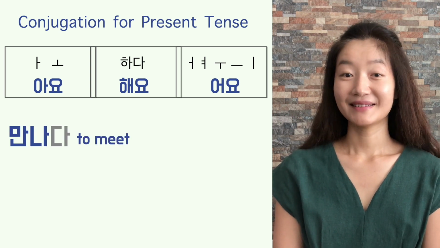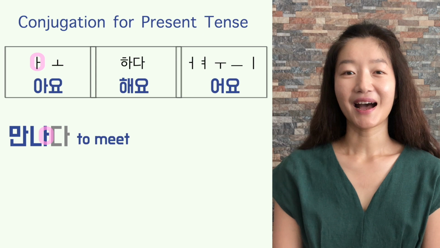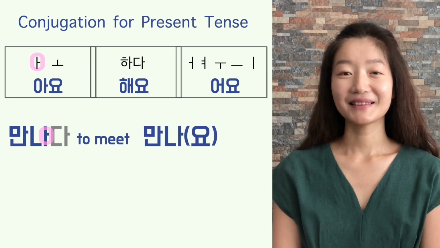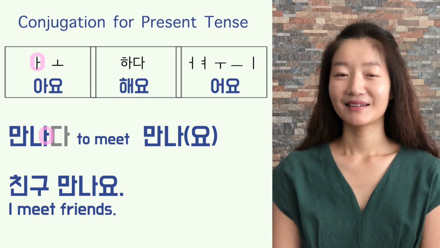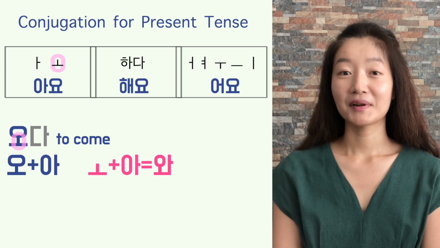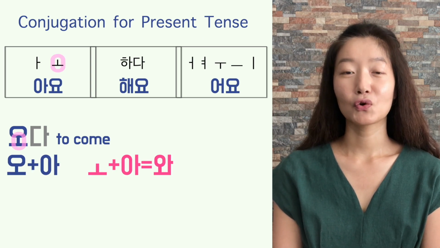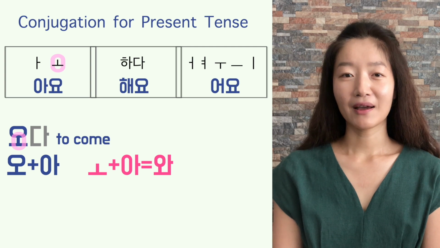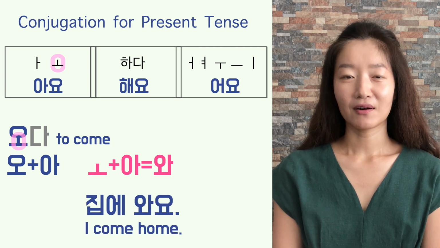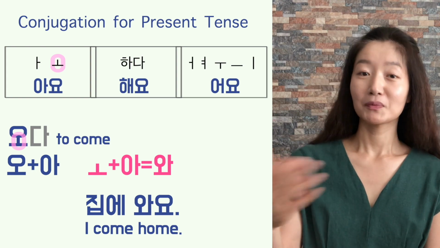만나다, to meet. 만나. Without final consonant, so 만나, 친구 만나요. 오다, to come. 오 plus 아 so we change it to 와요. I come home. 집에 와요. Come over to my home.